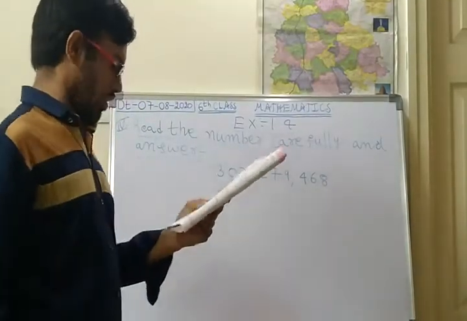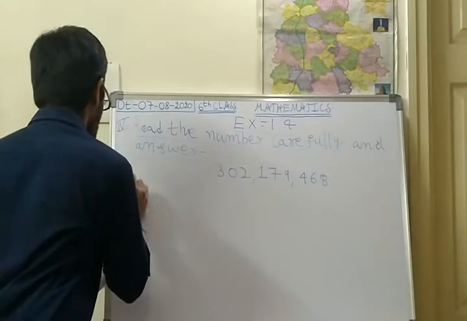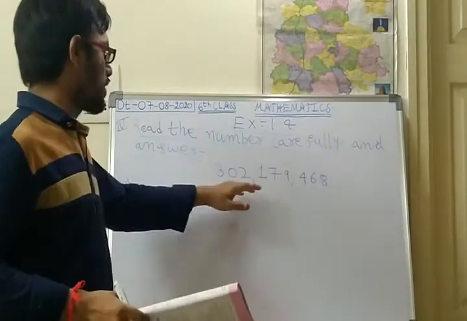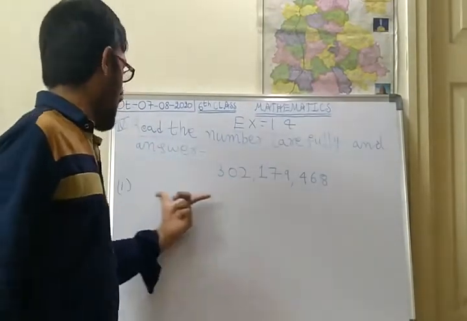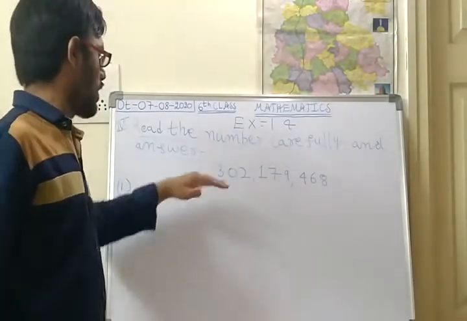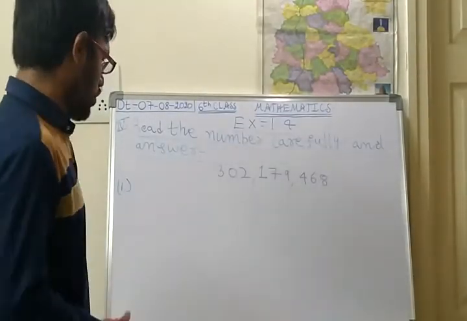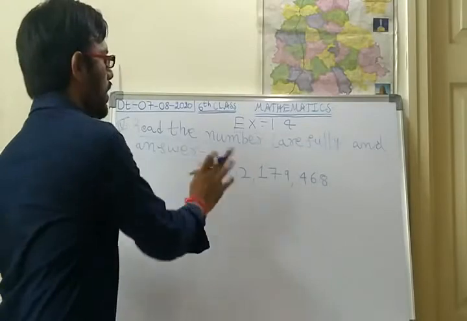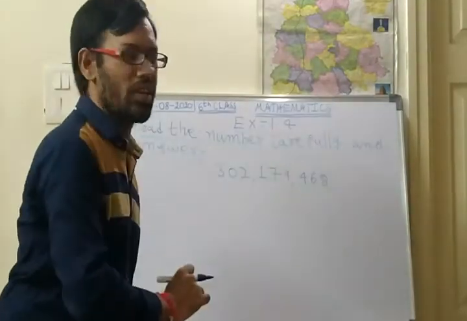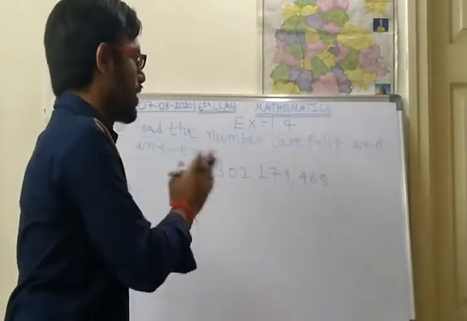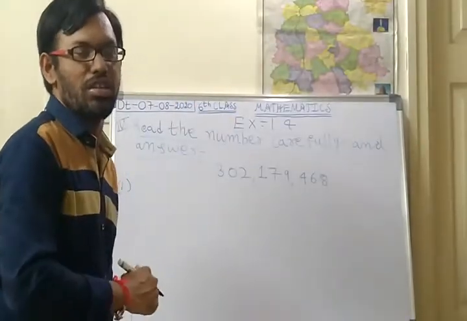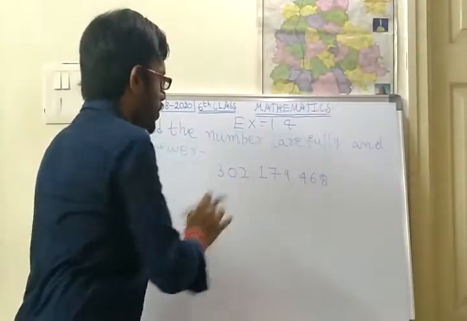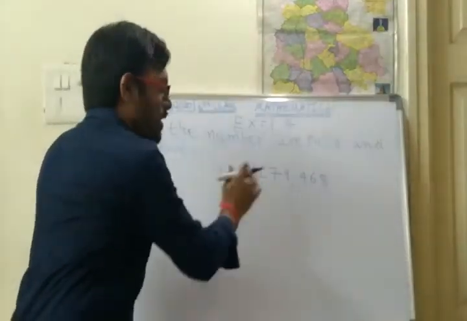So in this, what is the first question he is asking? He gave a number and he is asking some questions regarding this number. First of all, by seeing this number, in which system is this number? Whether Indian system or international system. By seeing the number, what can we say? This number is in the international system. How?